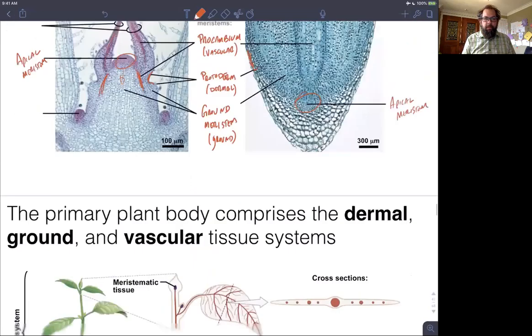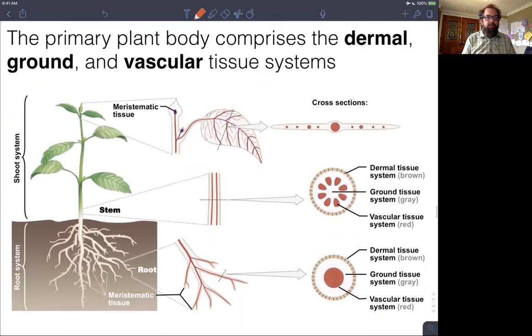And so all three of these meristems then, of course, result in that primary plant body being comprised of the ground tissue, the dermal tissue, and the vascular tissue, each of them with their particular functions that we've talked about before throughout all of the plant parts, the shoot system, the root system, and the leaf system.